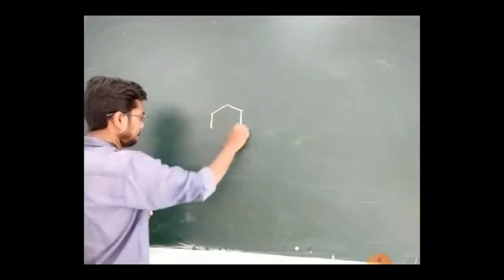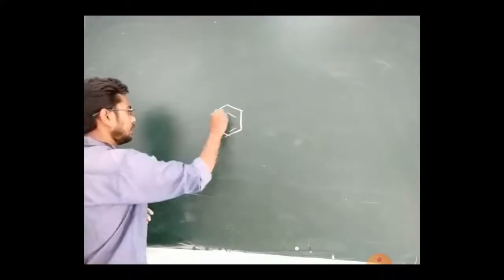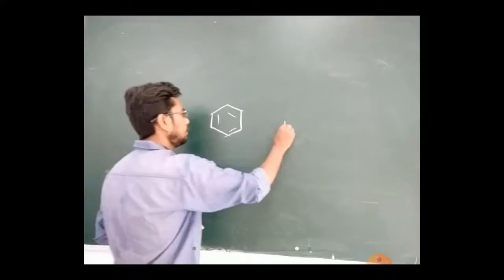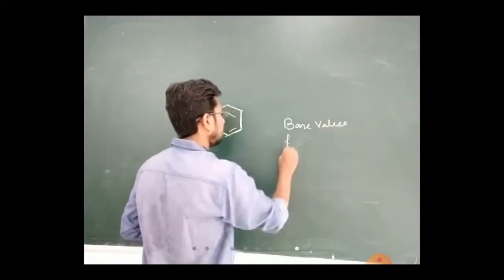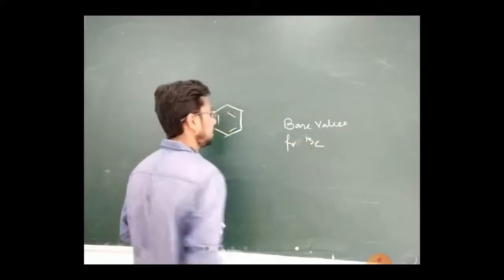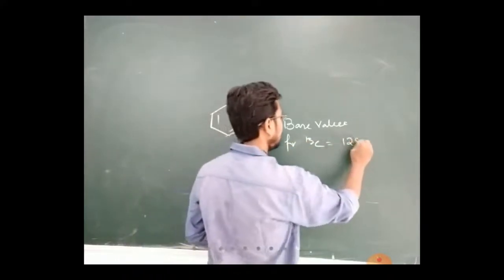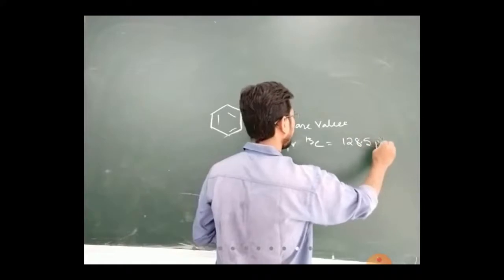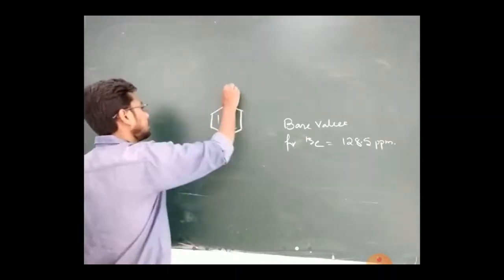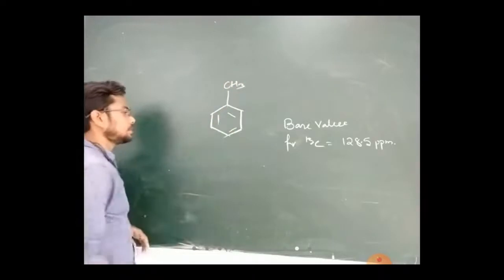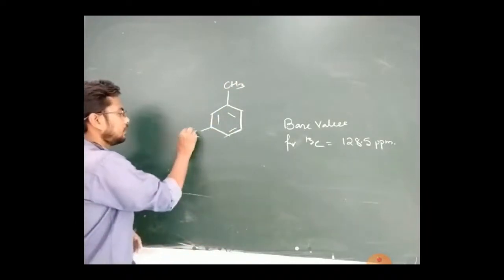Suppose I'll just give you an example. Suppose you have your aromatic rings. Now the base value for 13C is 128.5 ppm. Okay, this is the base value for your carbon. Now if a substitution is there, suppose a methyl substitution.